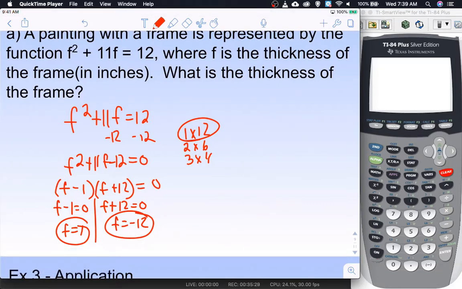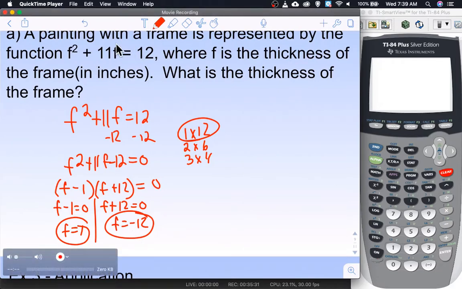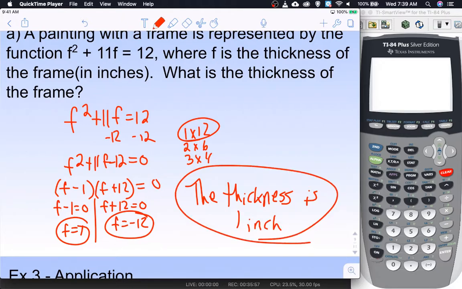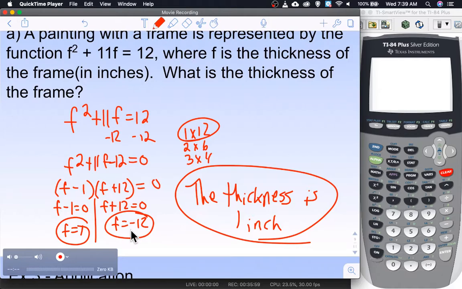This will happen frequently with word problems dealing with polynomials. When you factor and solve, you're going to get 2 answers. Usually, only one of them will make any sense. The other one doesn't, and so we can rule it out. So in this case, we know the thickness is 1 inch. That's the one that makes sense, because negative 12 makes 0 sense at all.